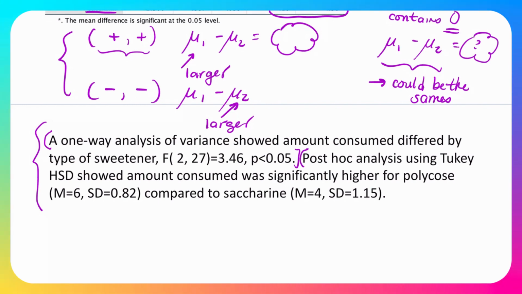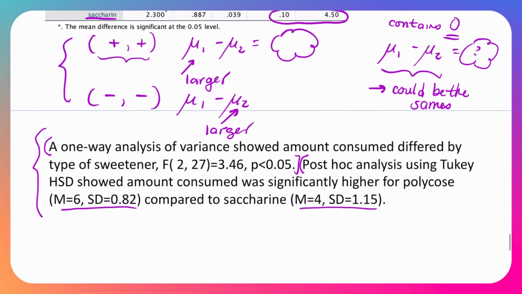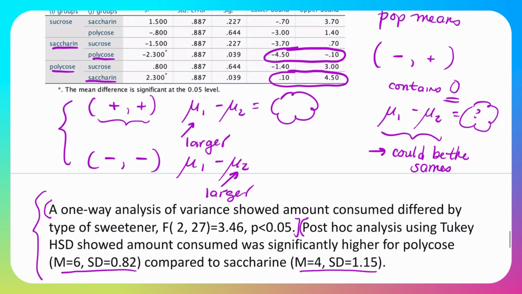Post-hoc analysis using Tukey HSD showed the amount consumed was significantly higher for polykos, and I included the descriptive statistics for polykos compared to saccharin. And here are the statistics for saccharin. And that's how you do a one-way ANOVA when you have a between subjects comparison.